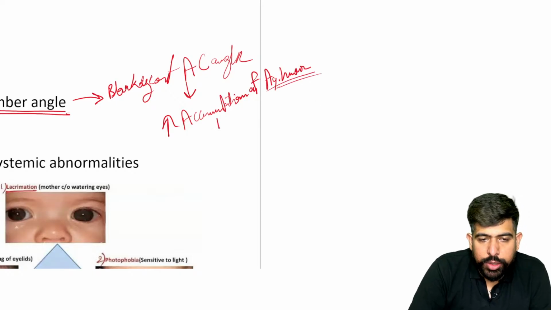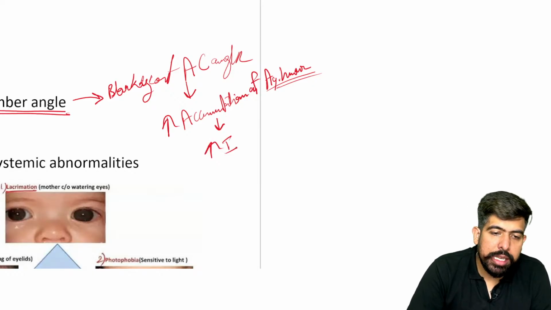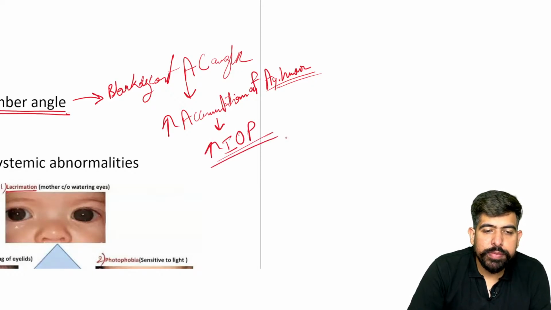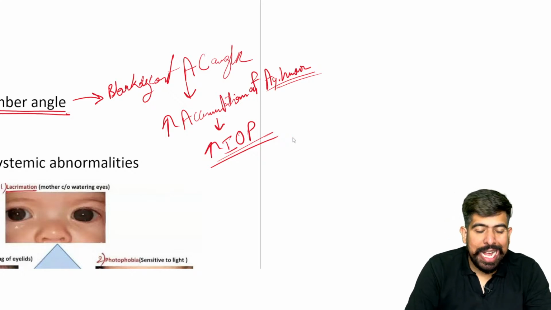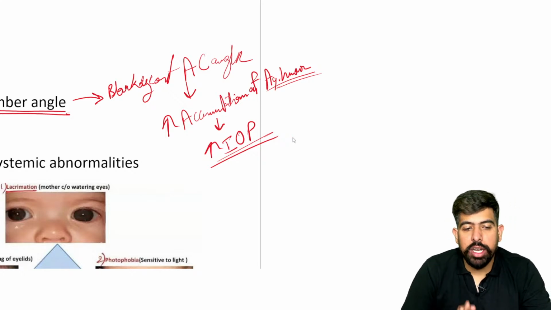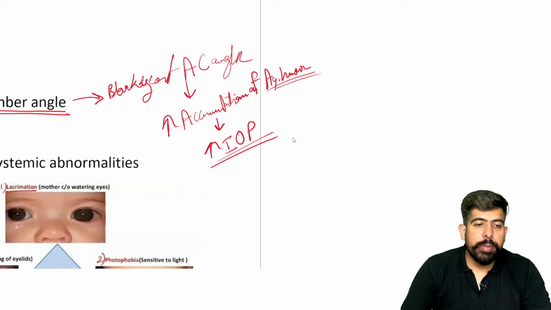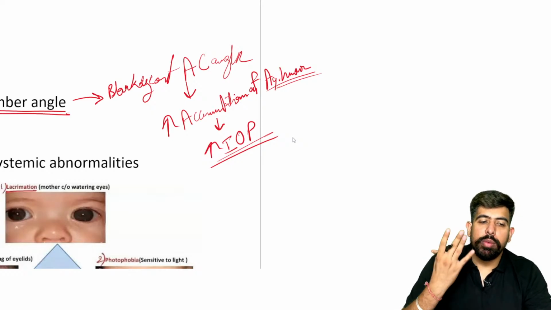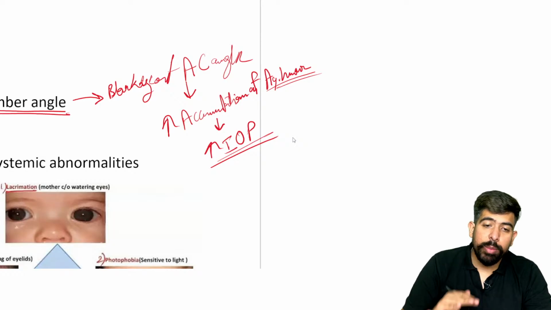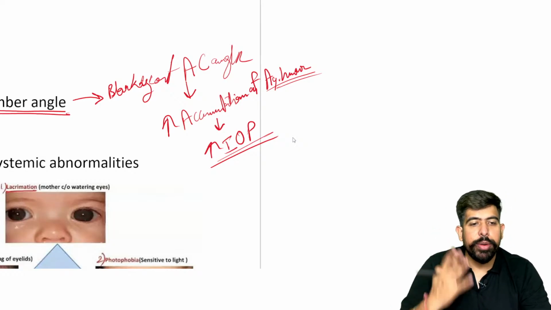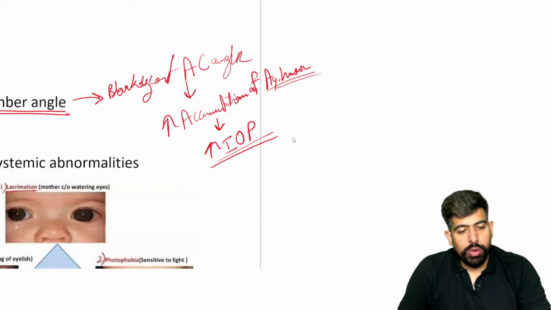Due to the accumulation of aqueous humor, there is an increase in the intraocular pressure. As we talked about, the aqueous humor is maintaining the intraocular pressure, so if there is accumulation, it will increase your intraocular pressure.